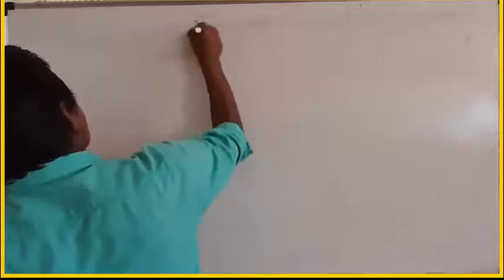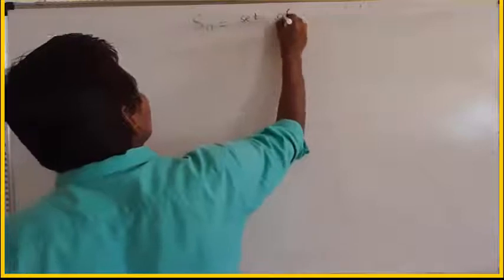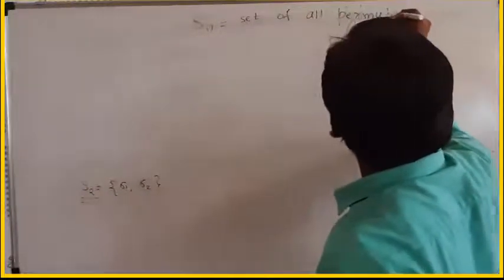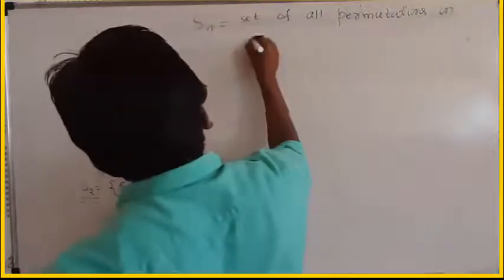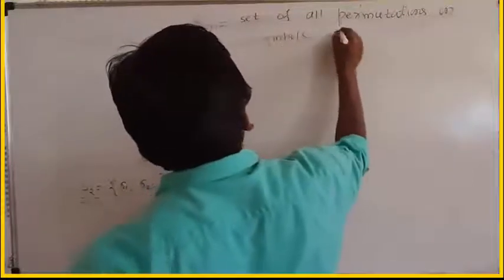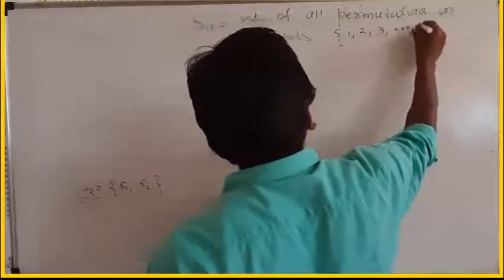What is Sn? Sn is the set of all permutations on n symbols 1, 2, 3 and so on up to n.